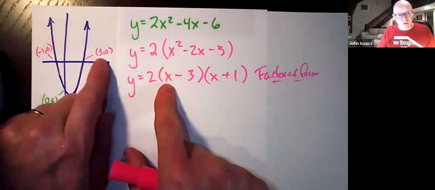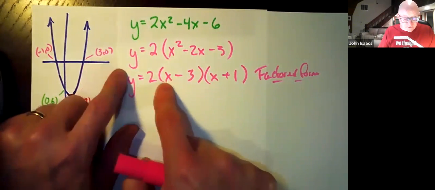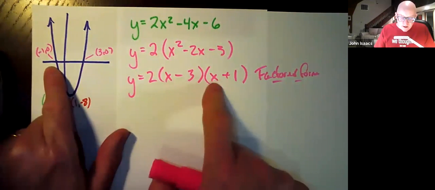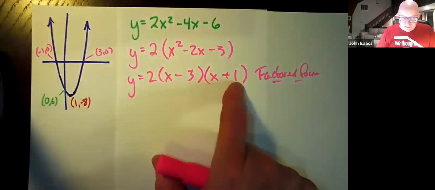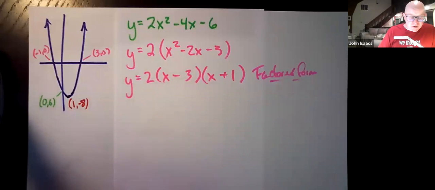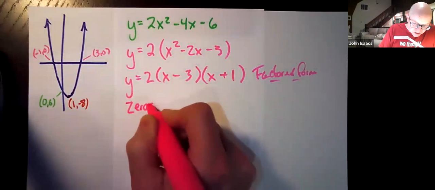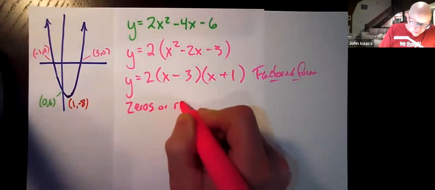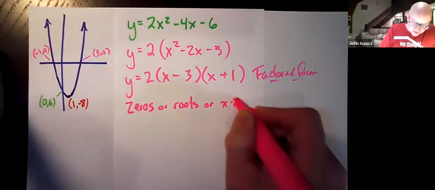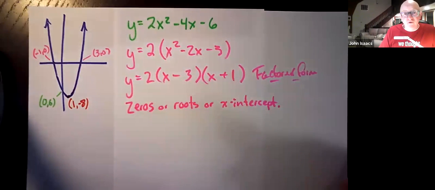That's why that 3 is an x-intercept, because 3 in the position of x makes this term 0. And this negative 1 over here, x negative 1 plus 1 would make that term 0. So the zeros, or we call it roots, or we call it x-intercepts, come from seeing what's happening in factored form, okay?